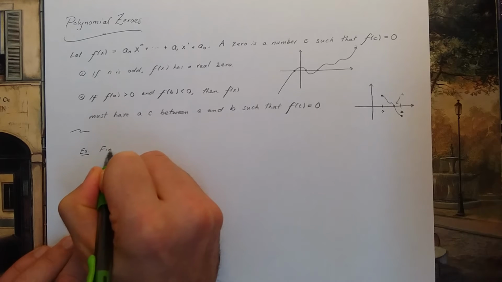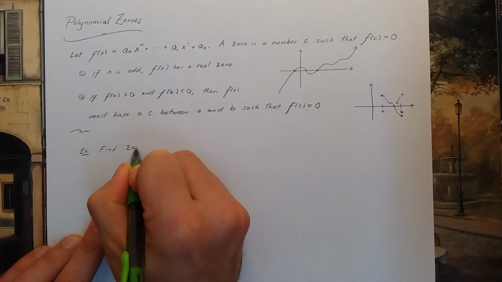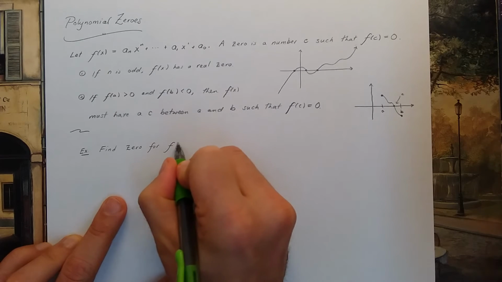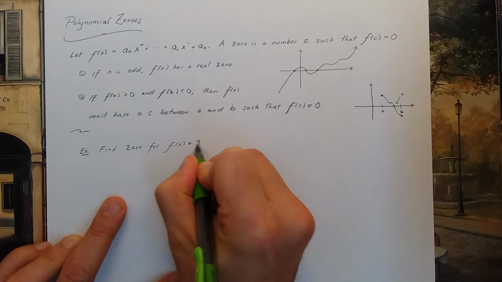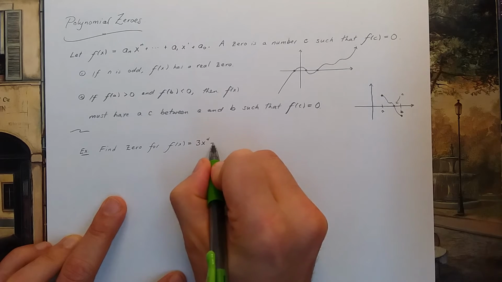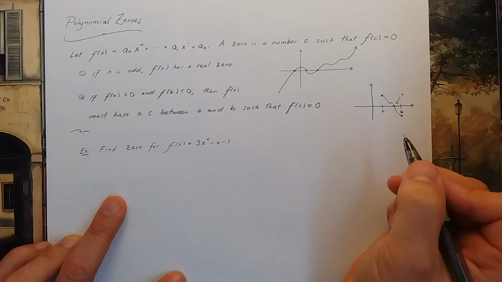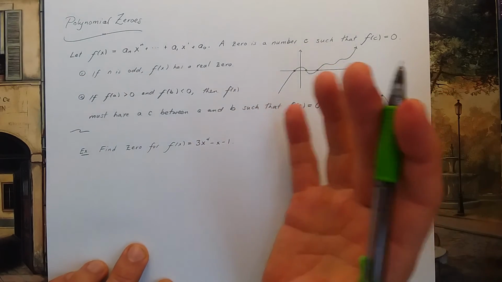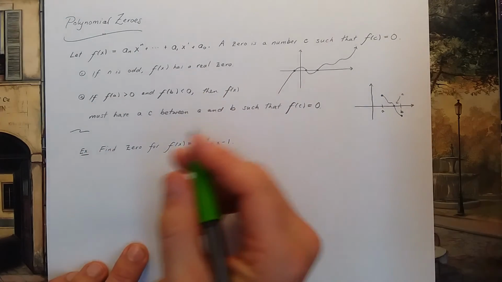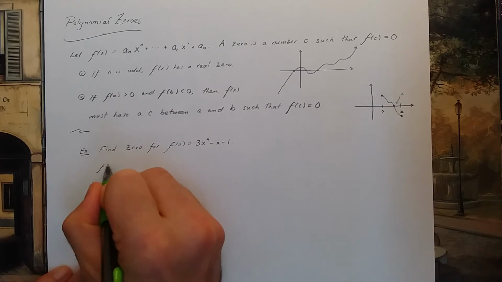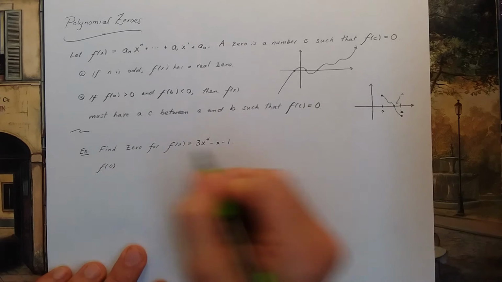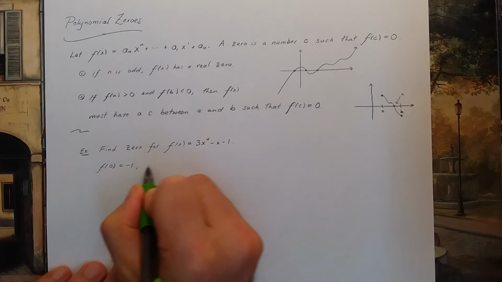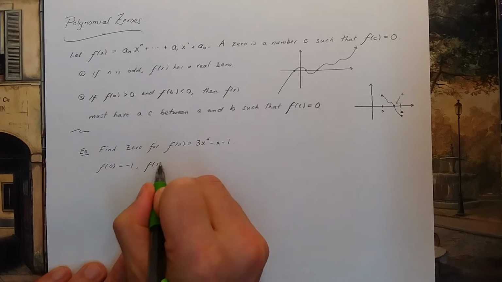So let's find the 0 for, how about the function f of x is equal to 3x to the fourth minus x minus 1. The idea is I'm going to essentially guess a couple of values to test what's happening with the function. Maybe I'll plug in 0 just as a random guess. So if I plug in 0 for x, I get negative 1. And let's try another value. A simple one is positive 1.